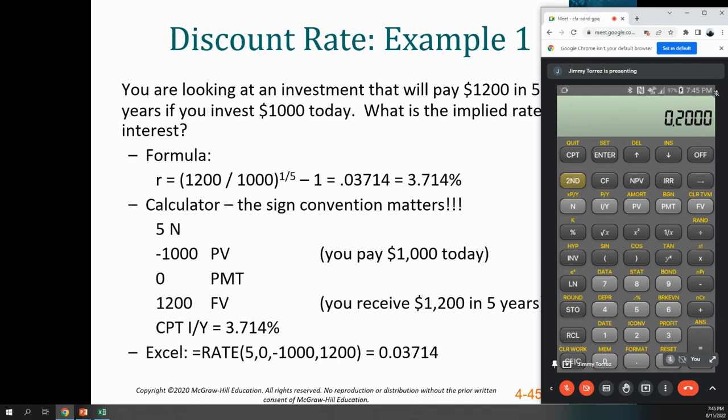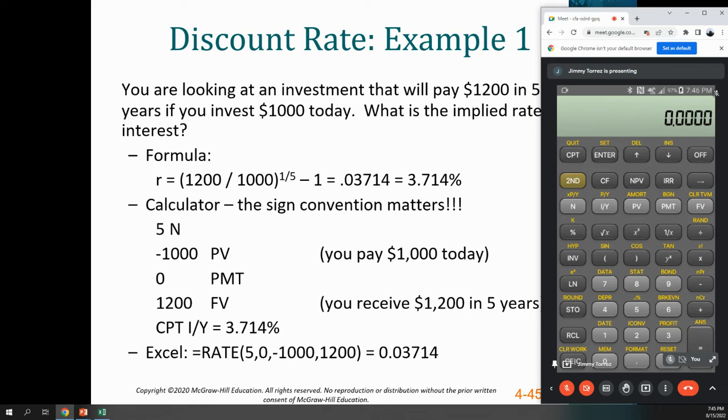So I have 1,200 divided by 1,000, which gives me 1.2, to the 0.2. That gives me 1.0371. I subtract off the 1 in the formula, and I get 0.0371.